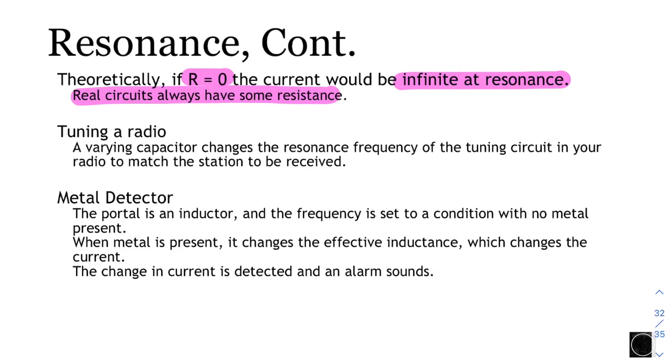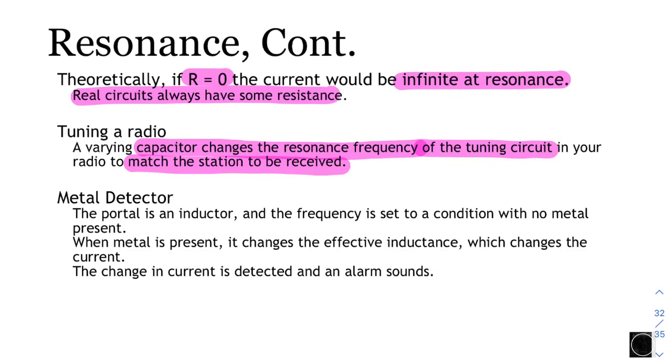As an application, we can tune a radio. Tuning a radio by varying the capacitor changes the resonance frequency of the tuning circuit in our radio to match the station to be received. So this is the method: we use the capacitor to change the resonance frequency of the circuit to match the signal coming from the TV or radio station.